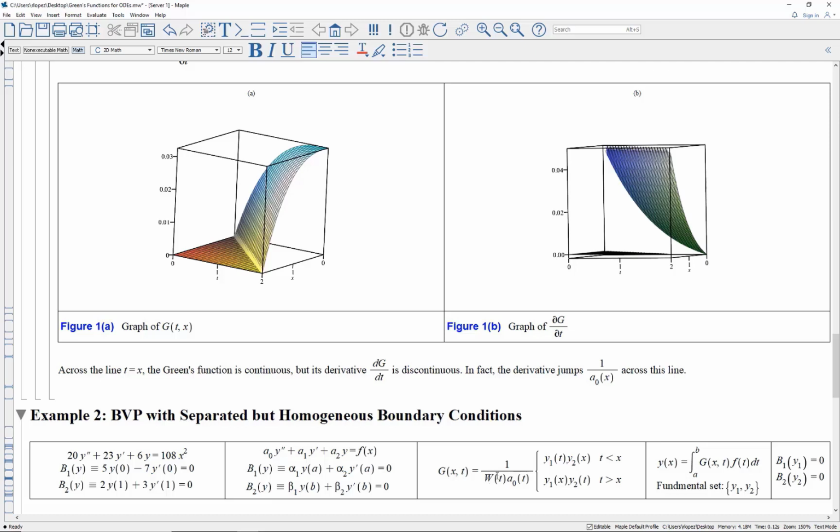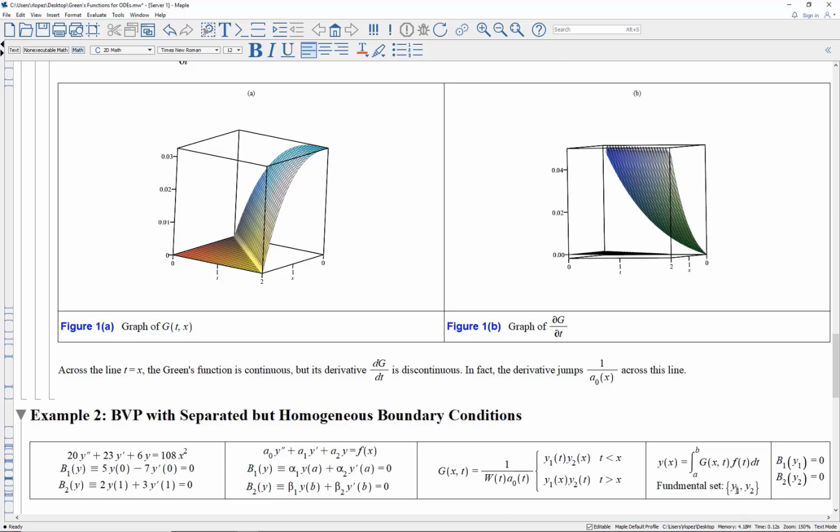This is what the Green's function will end up looking like. y1, y2, y1, y2, t x, x t, t less than x, t greater than x. Right? That'll be the recipe we come up with. This will give you the solution. Integrate against the Green's function, a to b, where a and b are the endpoints.